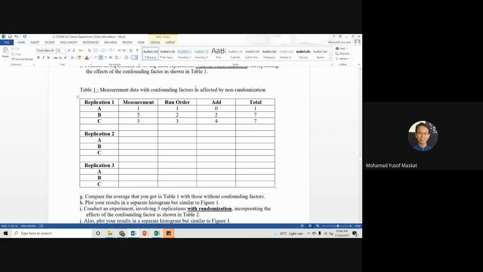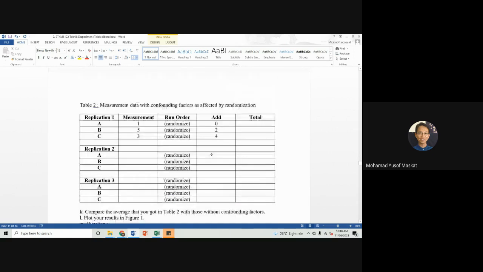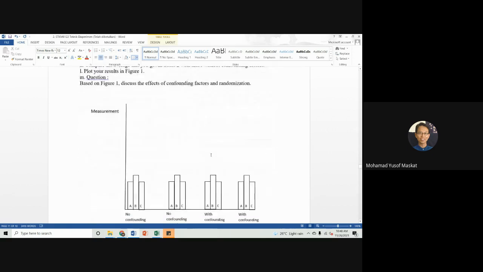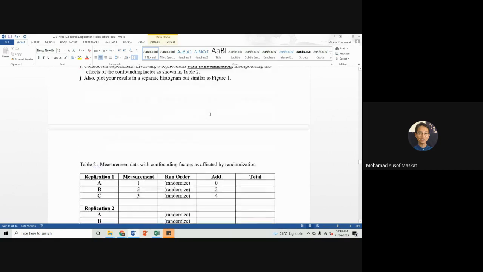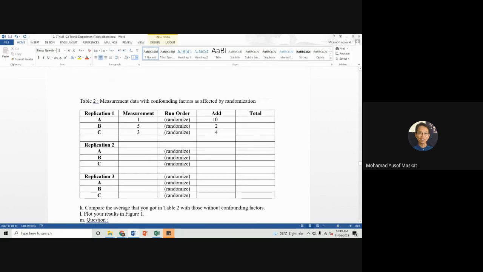So do this. First, when there is no confounding factor, meaning there is no addition, everything will be 0, 0, 0.